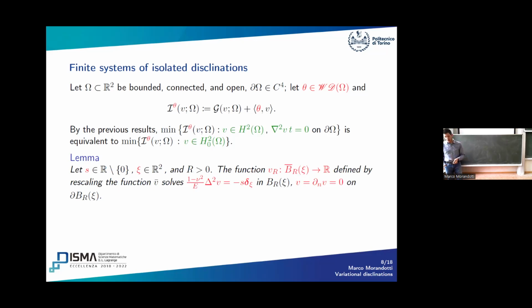And we can claim that this function V_R, which is suitably defined by rescaling the V bar that I introduced before, so the one that was mod squared of x log of mod x, and in this case it would be mod square of x minus xi log of mod x minus xi, is the function that solves the Laplacian equation. Okay, so the rescaling factor also involves the physical quantities, the Young modulus and the Poisson ratio, capital E and nu here.